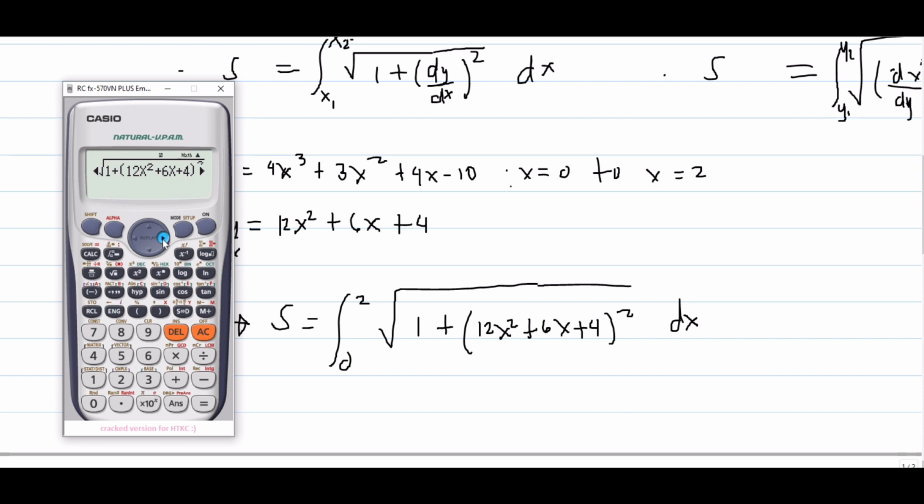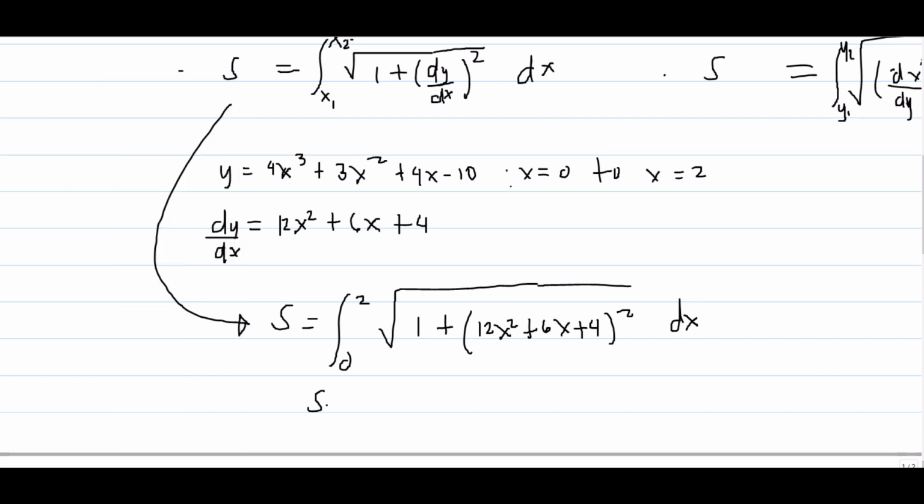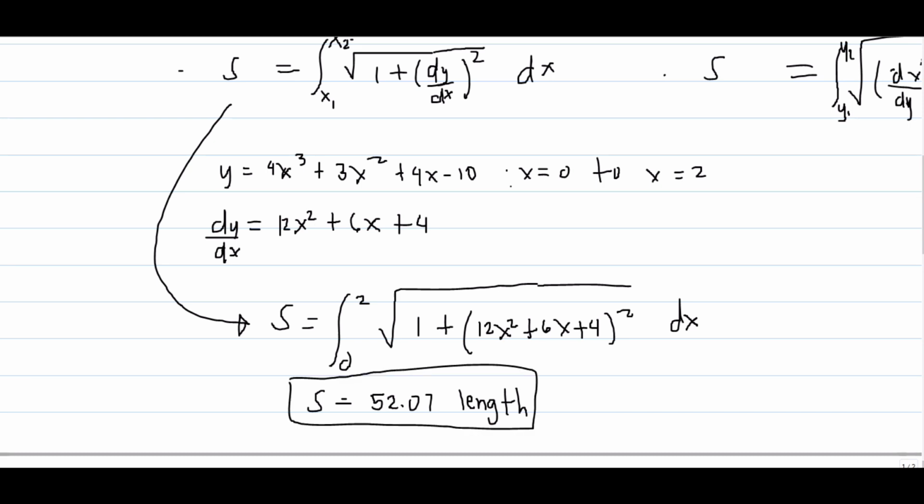Let me check: 12x squared, then 6x, then plus 4, where the limit is 0 to 4. So therefore, our length here is equal to 52.07. So s is equal to 52.07, the length, and that would be the final answer.